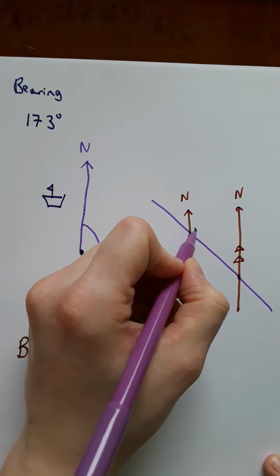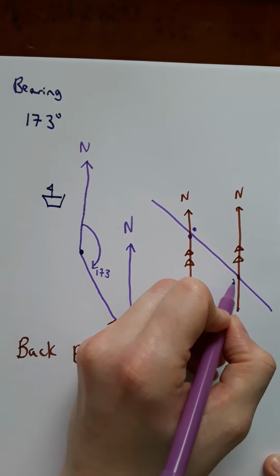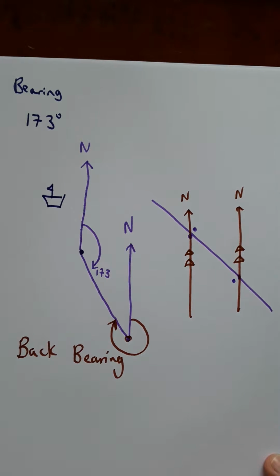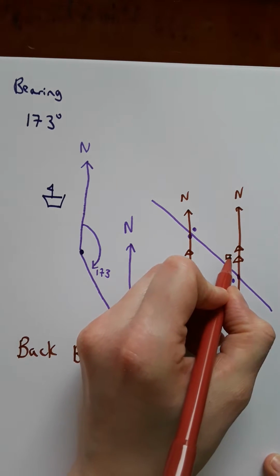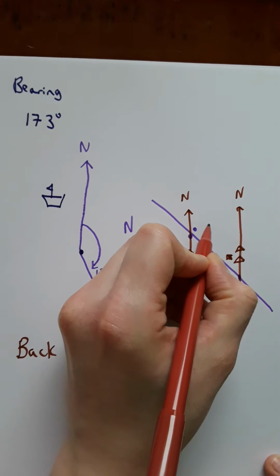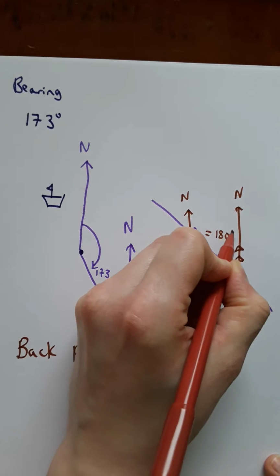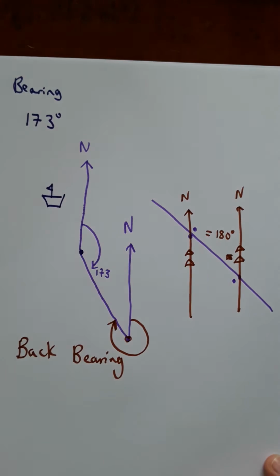That means that this angle here is the same as this angle here because they're alternate. And I know that this angle here and this angle here add up to 180 degrees, and that's called the co-interior rule.